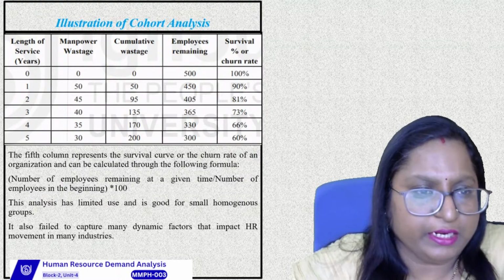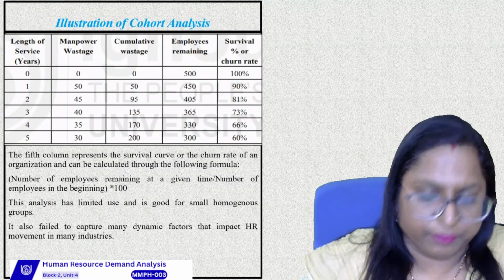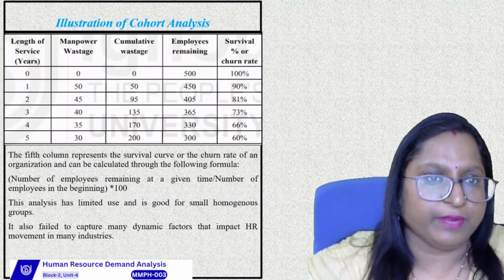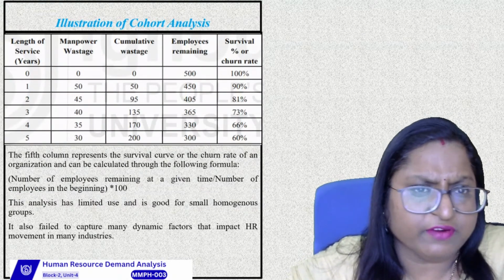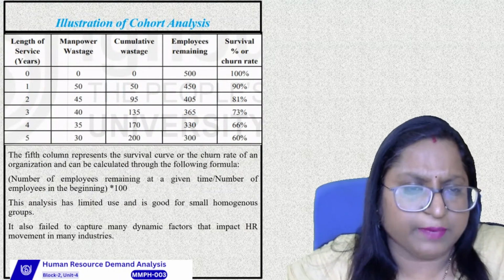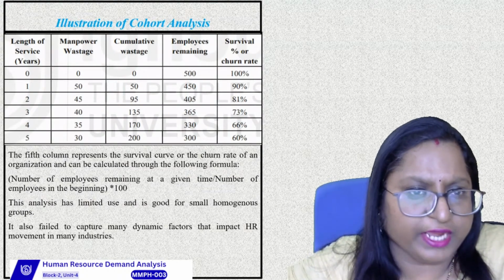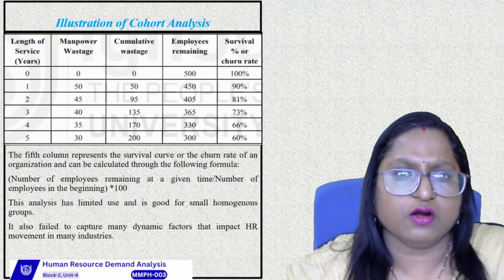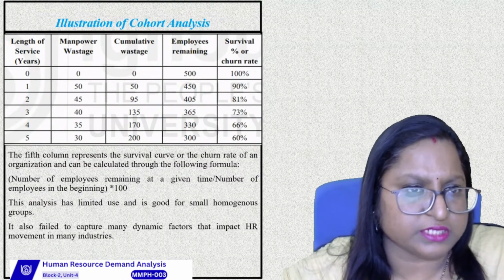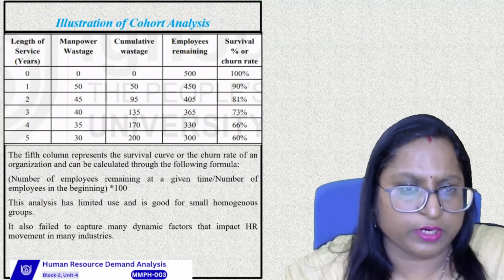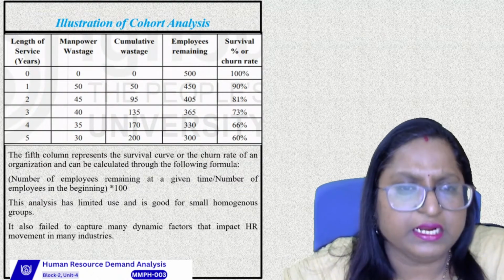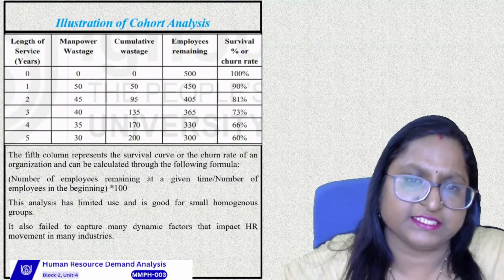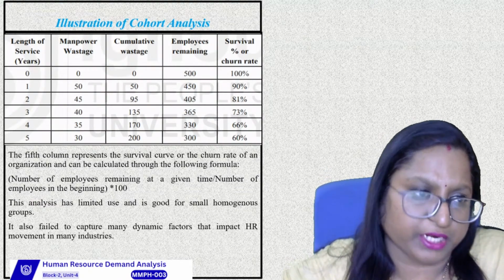So, employees remaining: as in the previous slide we have seen, the employees remaining are 500. It is given in the table: 450, 405, 365, 330 and 300. So the survival or the churn rate is equal to 100%. By calculating we can find 90%, 81%, 73%, 66% and 60%, which is given from the company data.